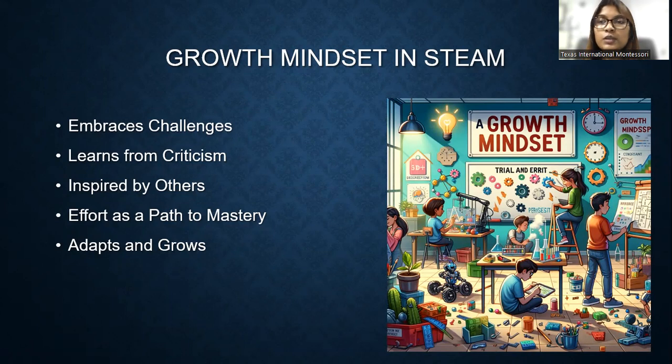If I study a little bit more, yes, I can get 100 marks. That level of confidence, that mindset is what we call growth mindset. Adapts and grows. So this child who's having the growth mindset will always think, okay, these are the changing things in the environment. So if I want to survive in this competitive world, I should go with the flow. So that level of thinking and that mindset is what we call growth mindset.